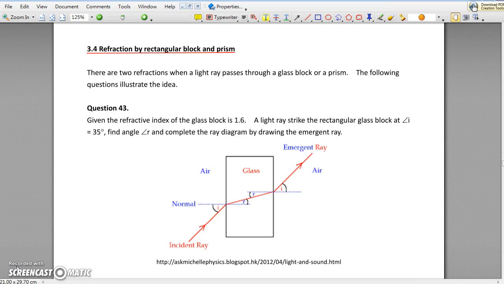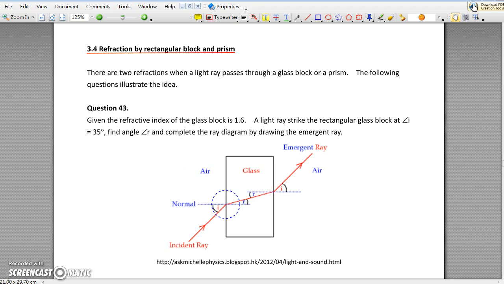Now, part 3. Refraction by rectangular block and prism. First of all, rectangular block. When a light ray travels from air into a rectangular glass block and then out into air again, there are 2 refractions. Let's do some simple calculation, such as this.